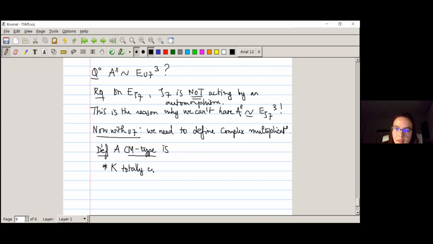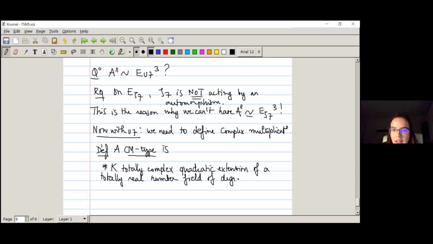That means if you embed it in C, you never get in R. Quadratic extension of a totally real number field of degree n over Q.